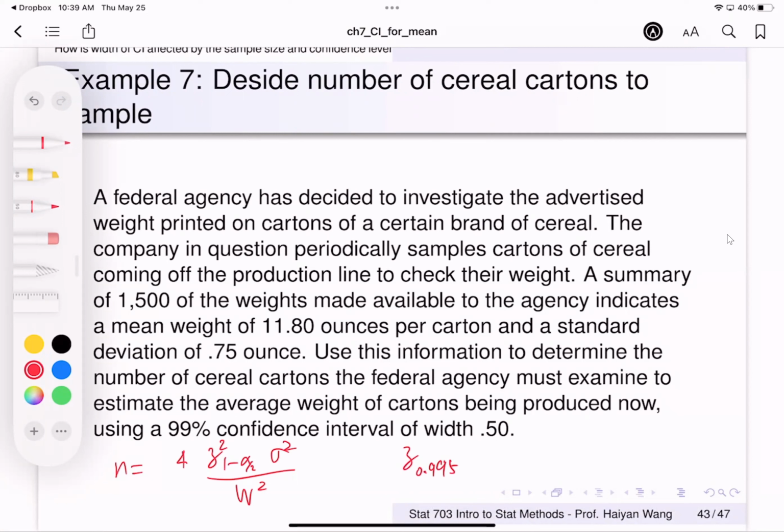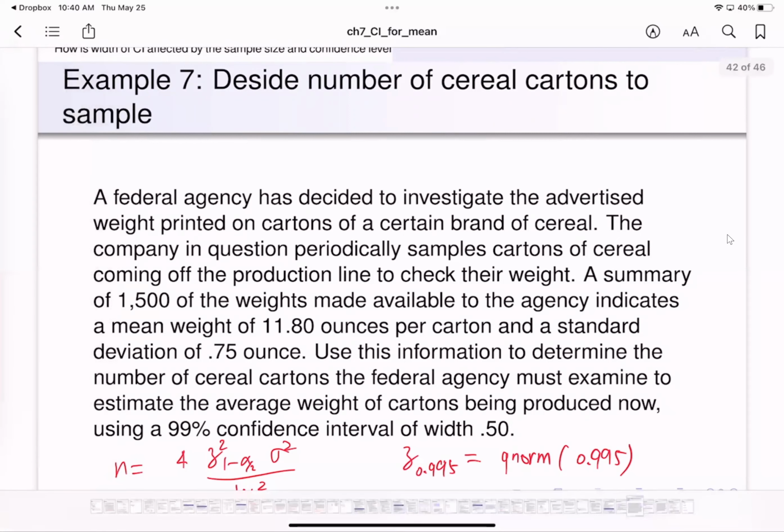This z 0.995 can be obtained by qnorm. We put in 0.995 there. And for the sigma, we have standard deviation 0.75, so we're just going to use it. So sigma will use 0.75 and the width will use 0.5. Once we finish the computation, we'll know the sample size.